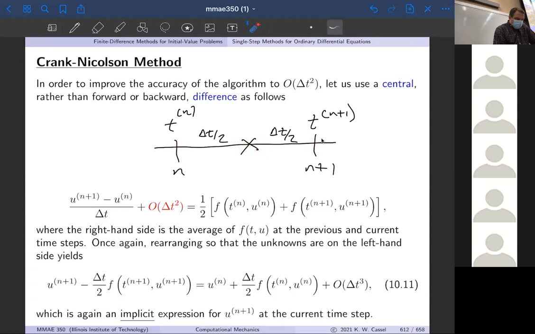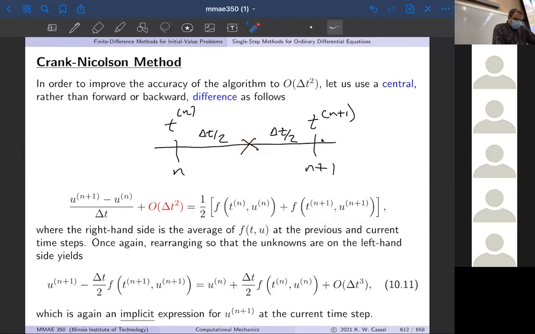So I take f of t_n, u_n, so that's the value of f here, add f of t_(n+1), u_(n+1), so that's the value of f here, take those two, divide by 2, and I get the average, which is an approximation for f at this point. Okay, well, that seems reasonable enough.